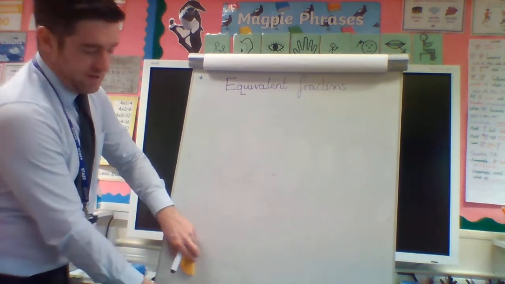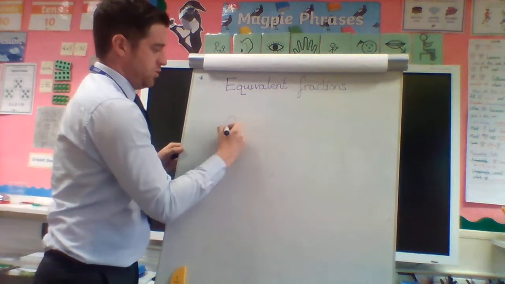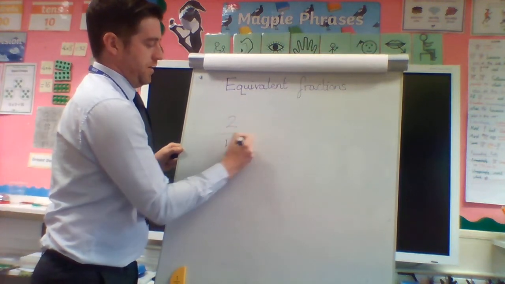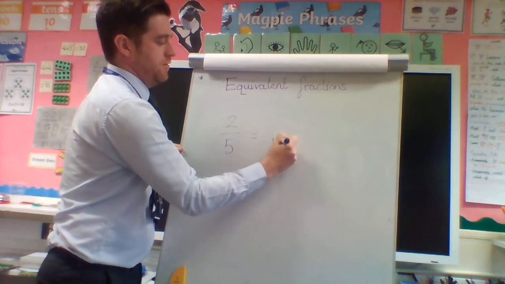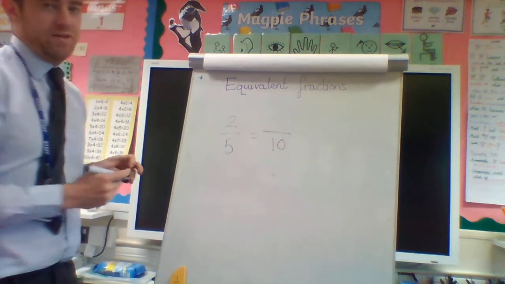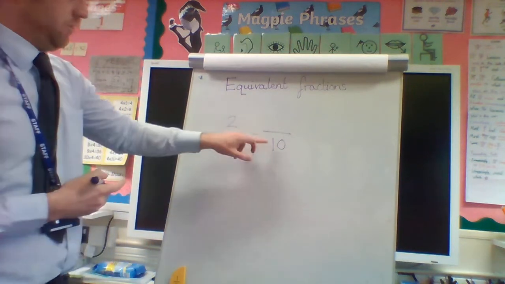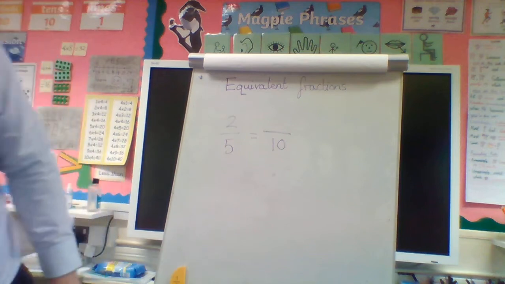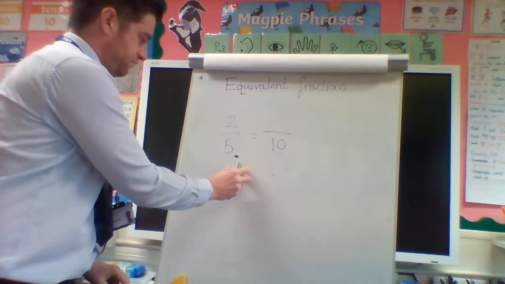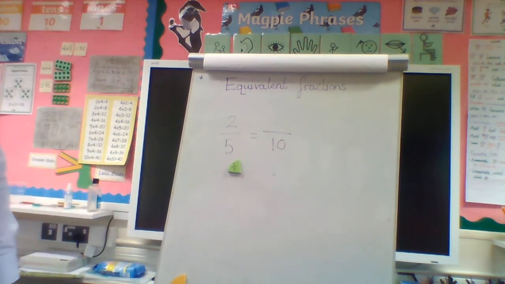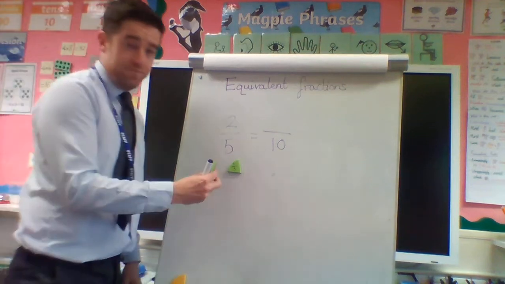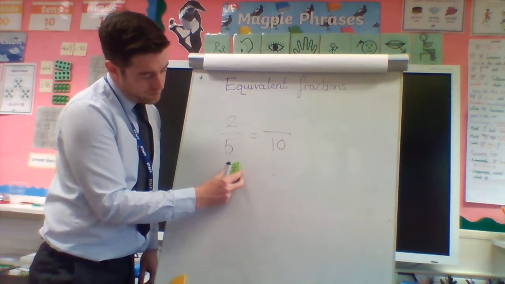So, let's have a look at fifths. 2/5. So I want to know what 2/5 is equal to. What's its equivalent? How many tenths will I need? So there's 1/5. And there is 2/5.